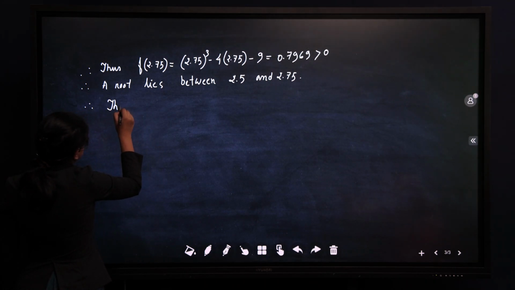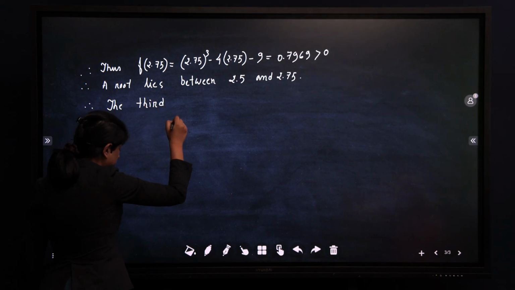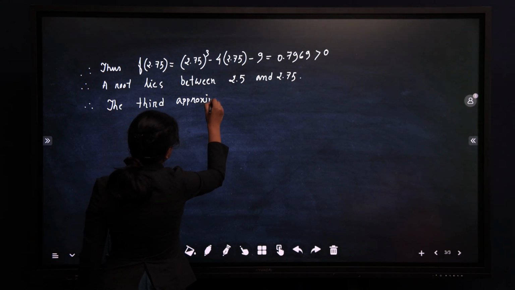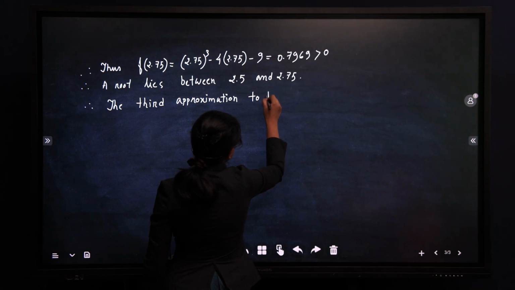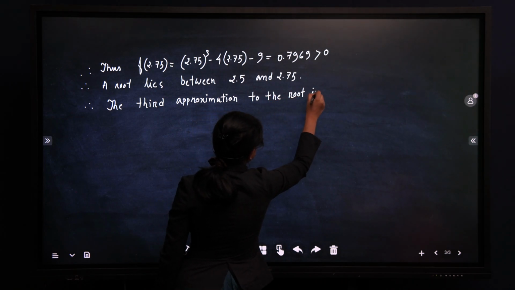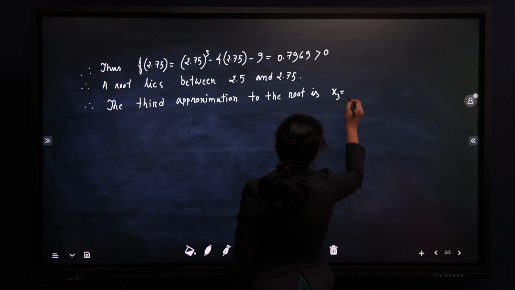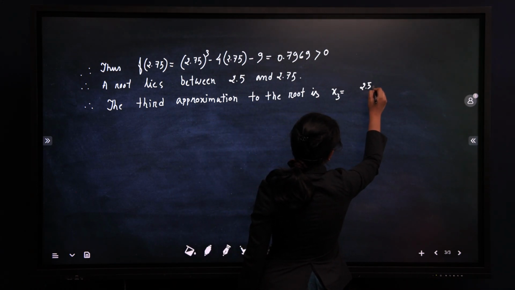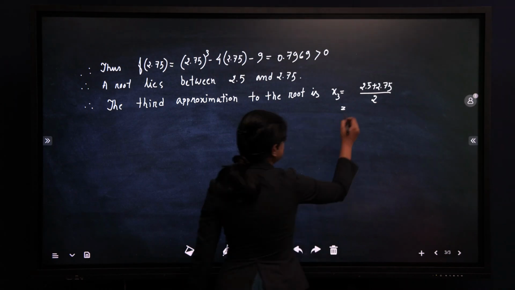The third approximation to the root is x3, equal to the average of these two, (2.5 + 2.75)/2, which is 2.625.